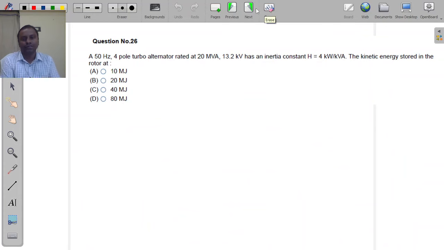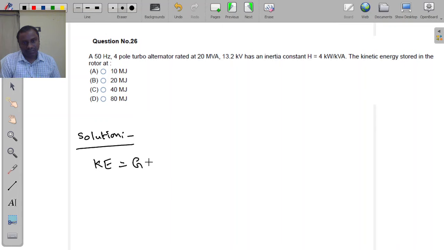Moving into the next: a 50 Hz 4-pole turbo alternator rated at 20 MVA, 13.2 kV has an inertia constant H equal to 4 kW per kVA. The kinetic energy stored in the rotor is: kinetic energy is the machine rating times the inertia constant. The given rating is 20 MVA and the inertia constant is 4 kW per kVA.